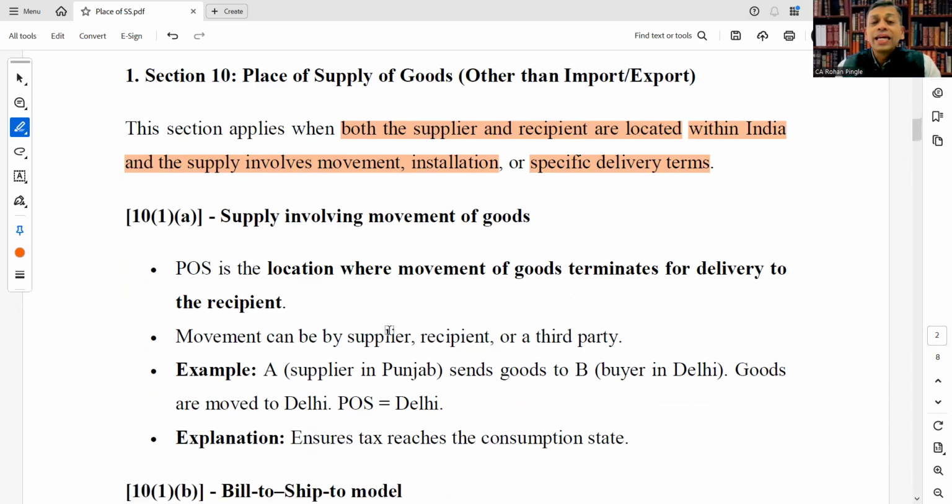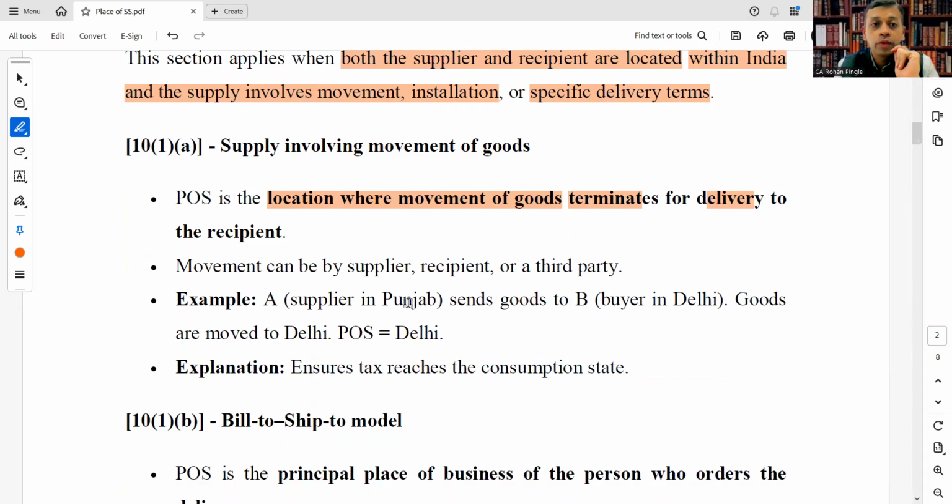Place of supply is the location where movement of goods terminates for delivery to the recipient. Very important. Please note down. Where movement of goods terminates for delivery to the recipient is the place of supply.